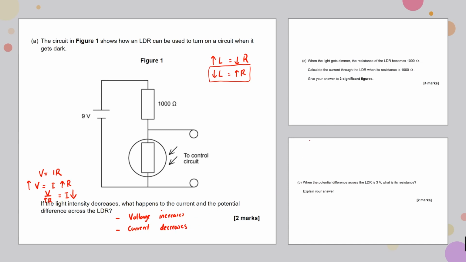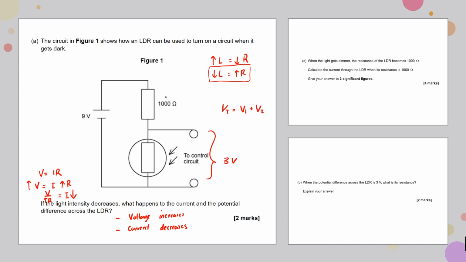Okay, next question, B. When the potential difference across the LDR is 3 volts, what is the resistance? Explain your answer. So now all we're given is that the LDR is 3 volts. We know that in a series circuit, VT equals V1 plus V2.